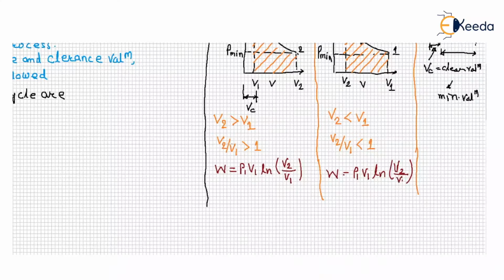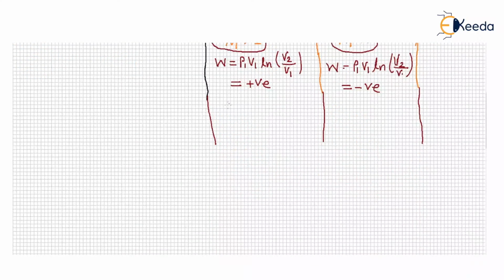So in this case, V2 by V1 is greater than 1, so work will be positive, and in this case V2 by V1 is less than 1, so work is negative. Hence this is work done by the system. Why?